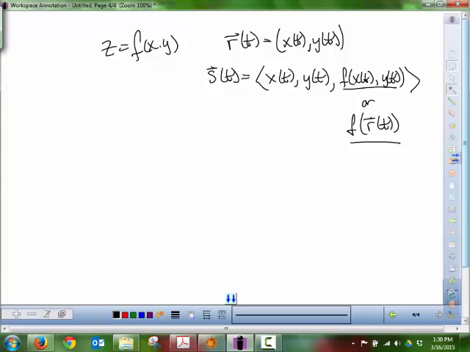So if we're interested in taking the derivative, s prime of t, well, that's just x prime of t. It's easy enough to do. Y prime of t, now what? So this is where we need to think about how we did that chain rule business, or how we can apply the chain rule.